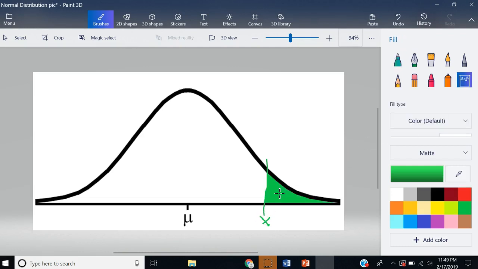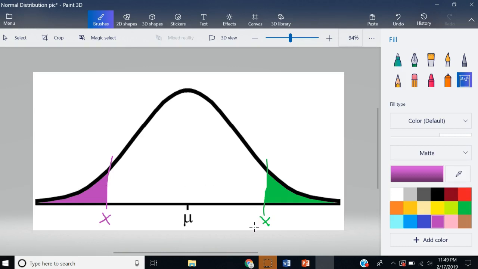Are we saying we're in the green scenario? Or are we saying 10% are older than what age? Is that in the purple scenario? Okay, so which one of these two scenarios?